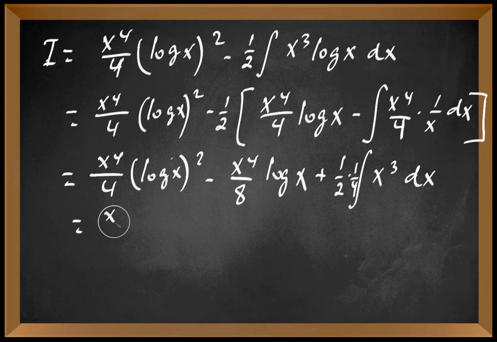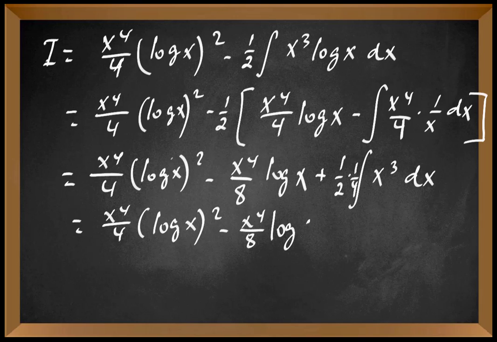So that takes us to x to the power 4 over 4 times log of x squared minus x to the power 4 over 8 log of x plus 1 over 8 times 1/4 of x to the power of 4, plus a constant.